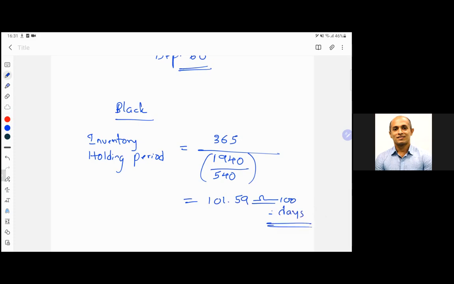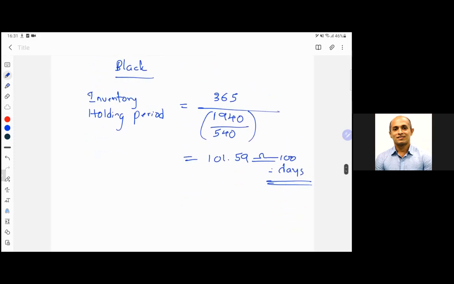Then you see, after every 100 days, old stock has gone out and new stock is in the warehouse. Then you have to adjust price changes only for 100 days. Now, how much is the inventory value?